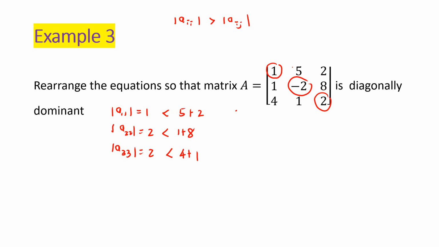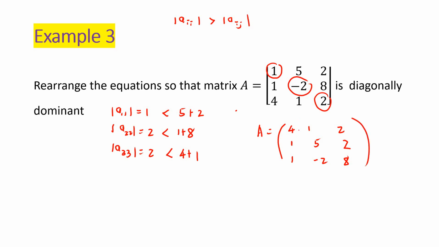So we observe, let's say first row, 5. 5 is greater than 1 plus 2, so make this become the second row. Observe that A11, 4 here, is greater than 1 plus 2, so make it become the first row: 4, 1, 2. 8 is greater than 1 plus 2, so make this become the third row.